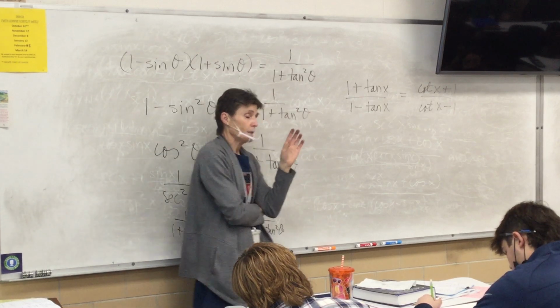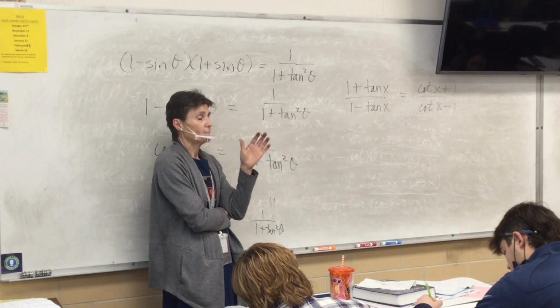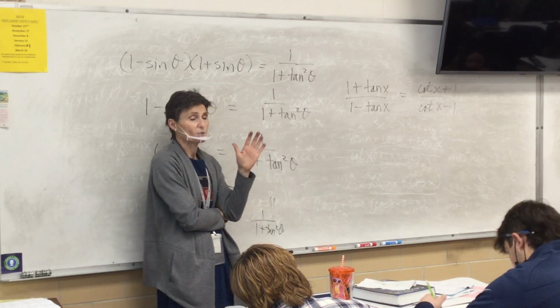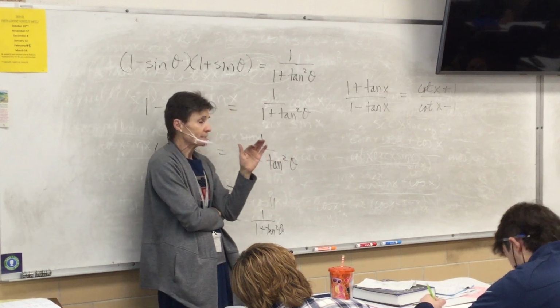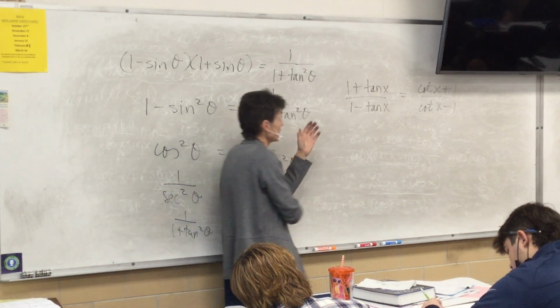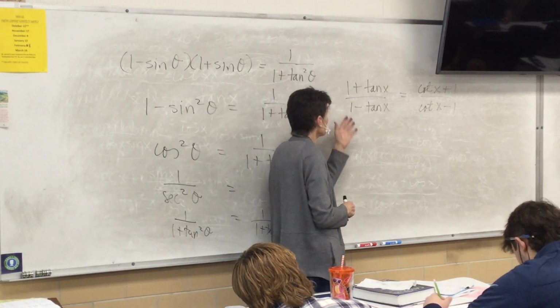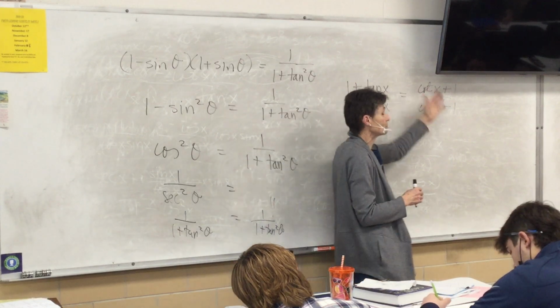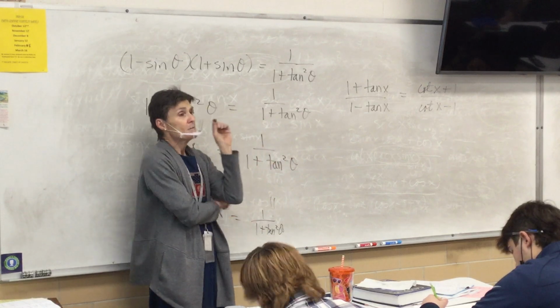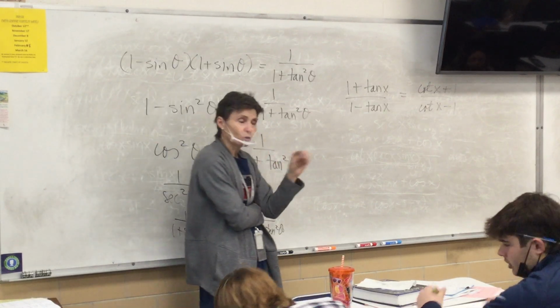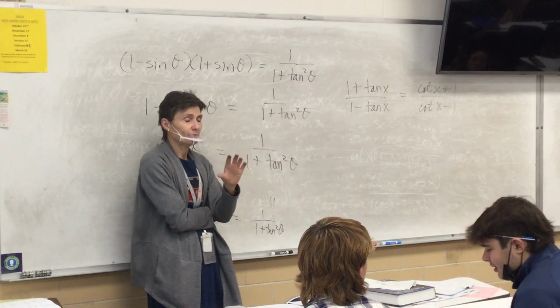So, a minute ago, we did a big long problem, and it was full of all these weird random functions, so we changed everything into sines and cosines. That's always an option. So certainly, I don't know which side you want to work on, but you could change your tangents or your cotangents into sines over cosines. Would you agree? And that will work. You'll get it eventually. It's all going to come out fine.